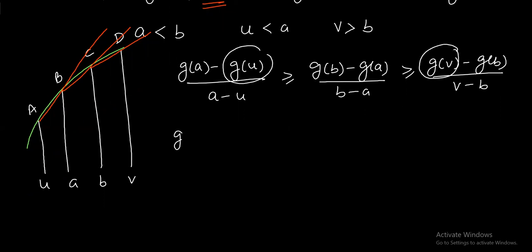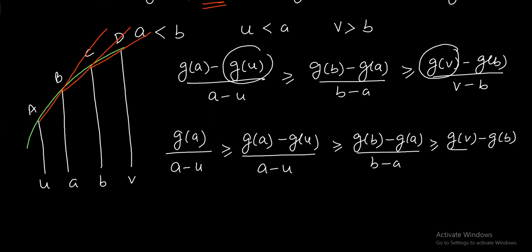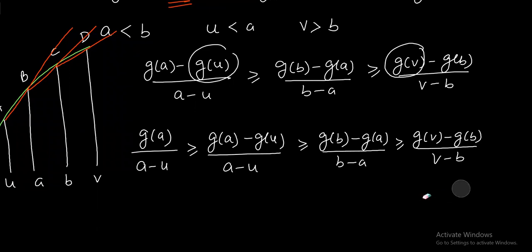That's why I can write that g of a upon a minus u is greater than or equal to g of a minus g of u upon a minus u, which is greater than or equal to g of b minus g of a upon b minus a, which is greater than or equal to g of v minus g of b upon v minus b, which is also greater than or equal to minus g of b upon v minus b.